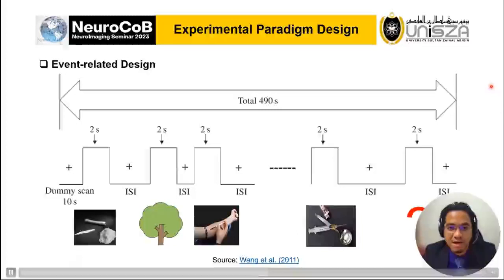Here is an example of a study using an event-related design. In this study, the researchers were interested to find out whether former drug addicts will show increased brain activity to drug-related stimuli. What they did was that they showed the participants several drug-related images and several neutral images.